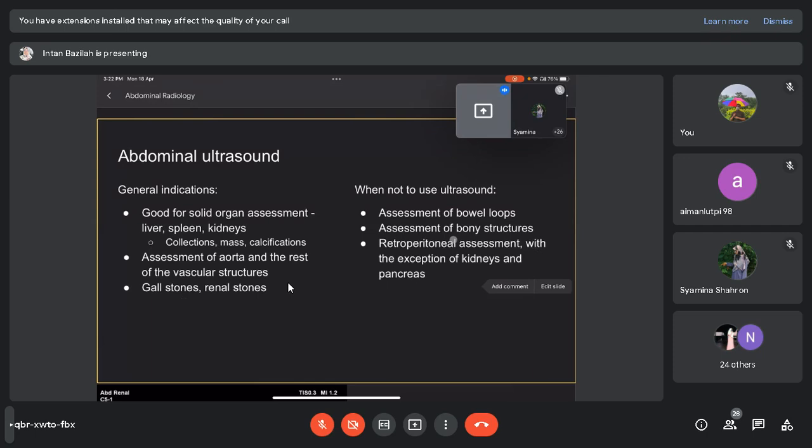For example, if you want to look for intestinal obstruction, this is not a good choice. If you want to assess bony structure, this is also not a good choice. And if you want to assess the retroperitoneum, for example, to look for retroperitoneal collection, actually we can do it, but with certain limitations. Perhaps the patient needs to be in prone position, etc.